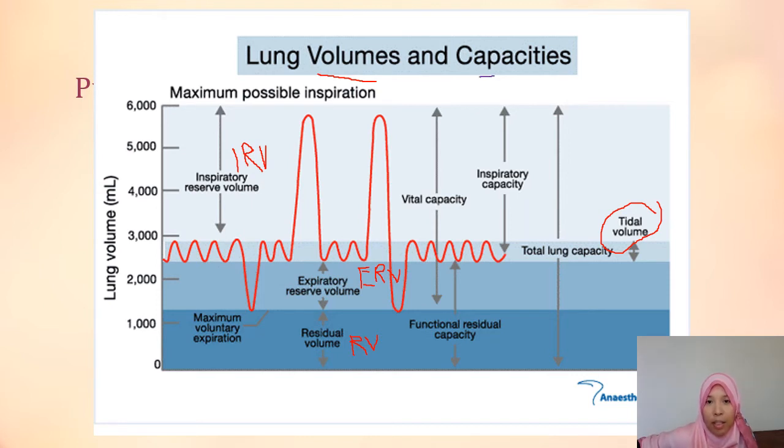Lung capacities are the additional values from the lung volumes. If you can see the arrows in the graph here, right? If you add inspiratory reserve volume to tidal volume, you will get inspiratory capacity.